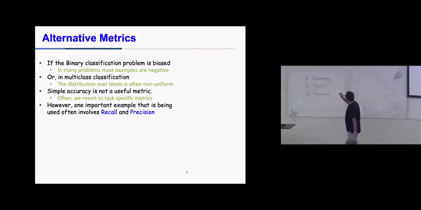So let's say out of 100 examples, 5 are positive and 95 negative. What is more important to me is how many of the 5 positive I can actually identify. That number is called recall.